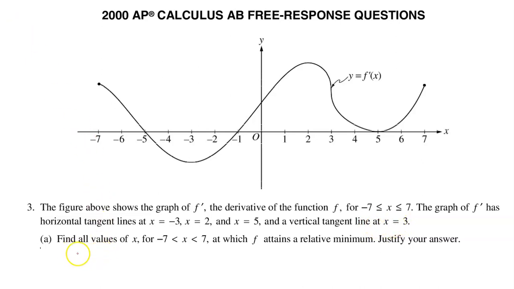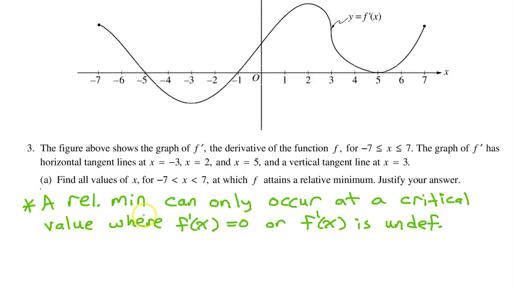Part A. Find all values of x between -7 and +7 at which f attains a relative minimum. Justify your answer. Here are some notes that you will need to solve this problem. This is not something that you would need to write as part of your solution on the AP exam. A relative minimum can only occur at a critical value where f prime is equal to 0 or f prime is undefined.